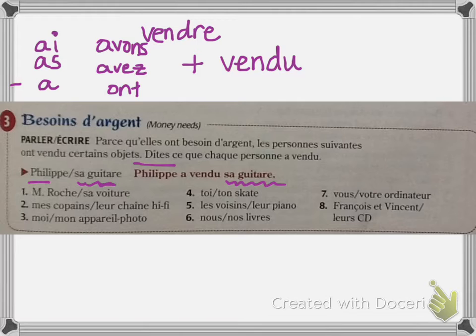Les voisins, le piano. Les voisins ont vendu leur piano. 6. Nous, nos livres. Nous avons vendu nos livres. 7. Vous, votre ordinateur. Vous avez vendu votre ordinateur. 8. François et Vincent, leur CD. François et Vincent ont vendu leur CD.